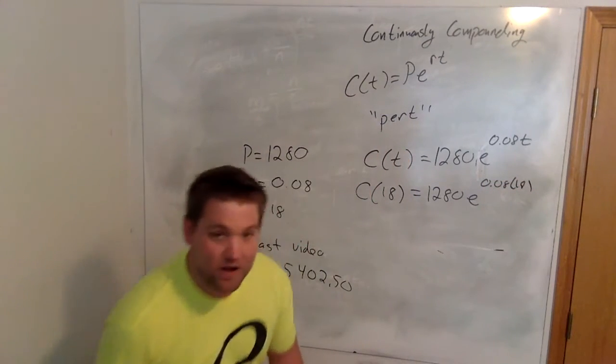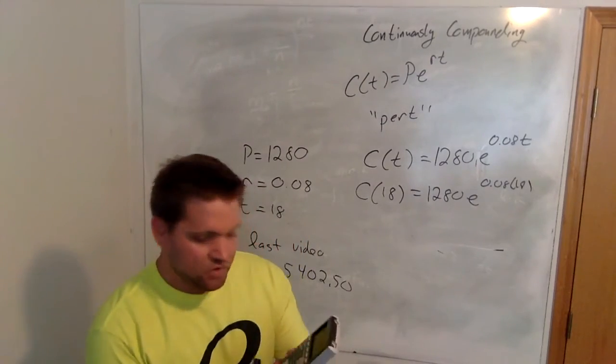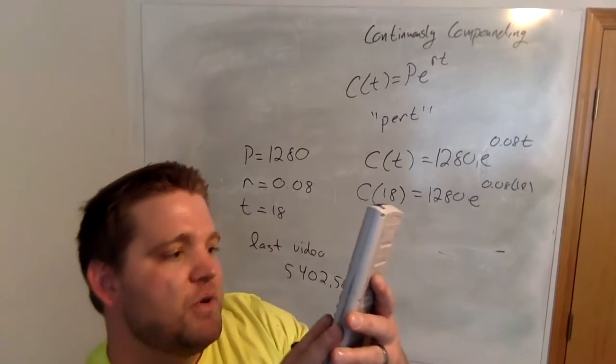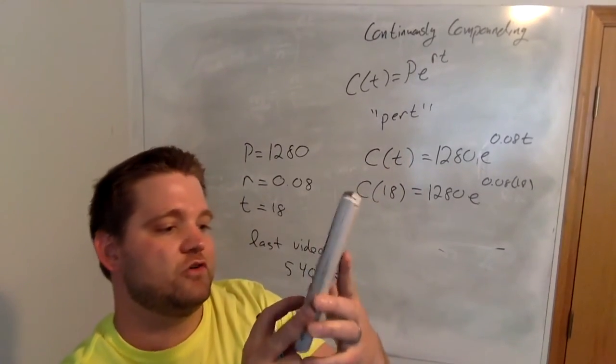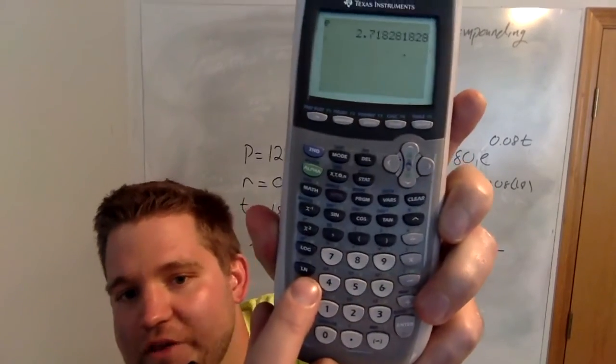Let's plug this into our calculator. You could use this e button above the division sign, but notice right above it says ln, which stands for natural logarithm. We'll talk about that more in a second.